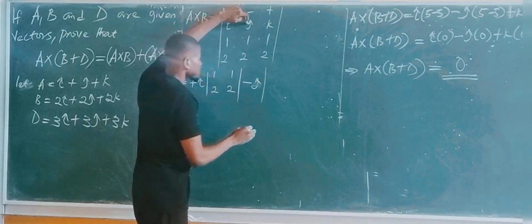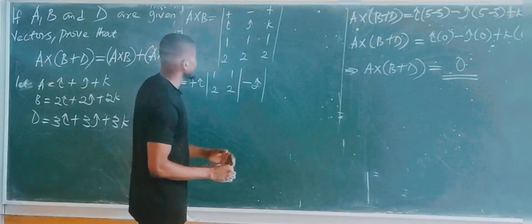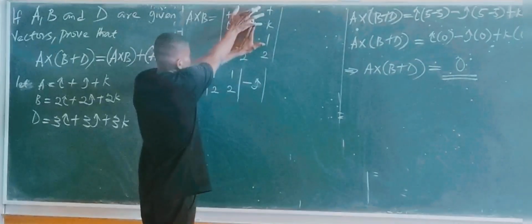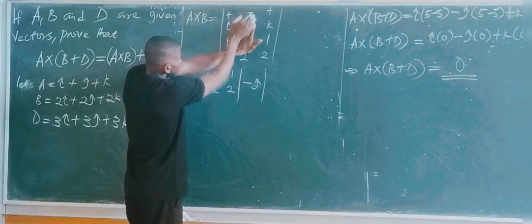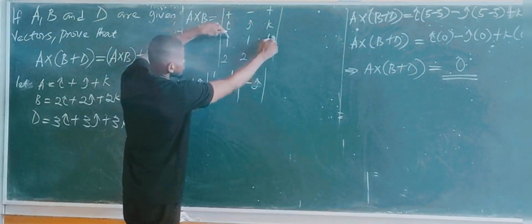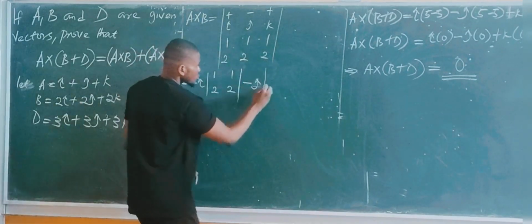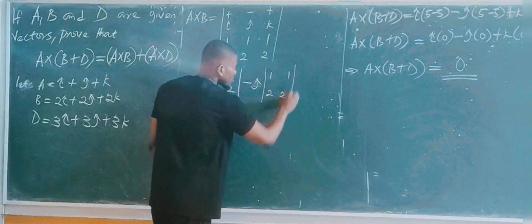Okay, so we have our determinant bar. We block the column for j and block the row of j as well. So this is off. We're only left with 1, 1, 2, 2.